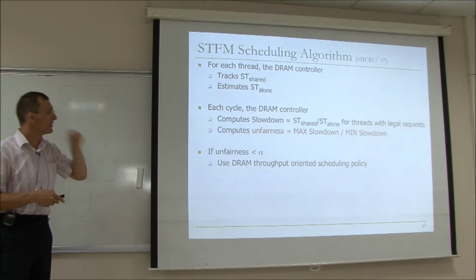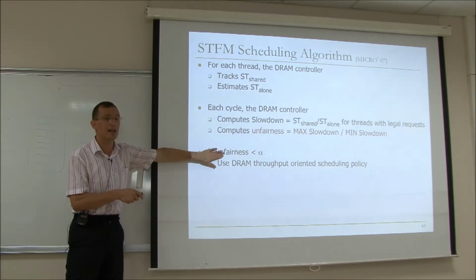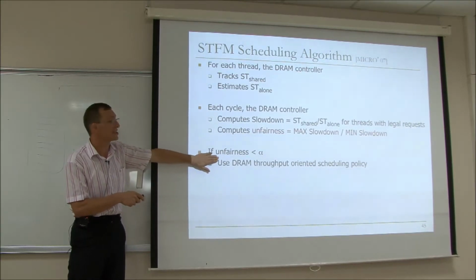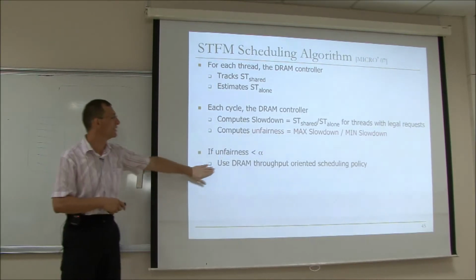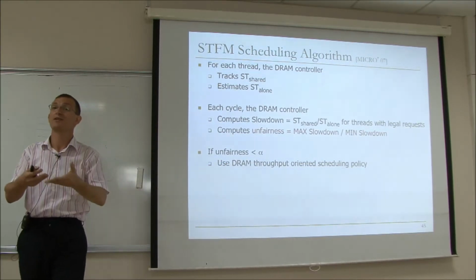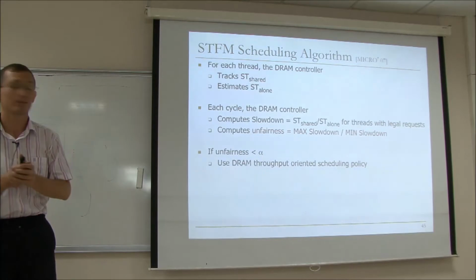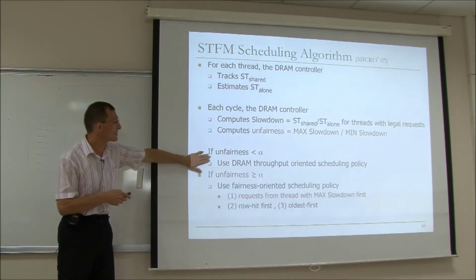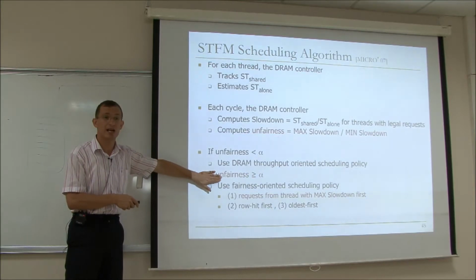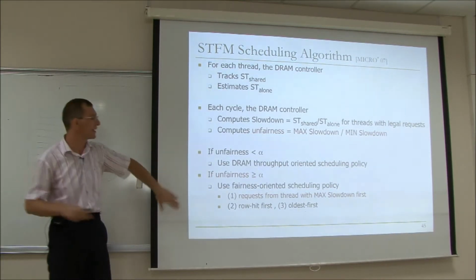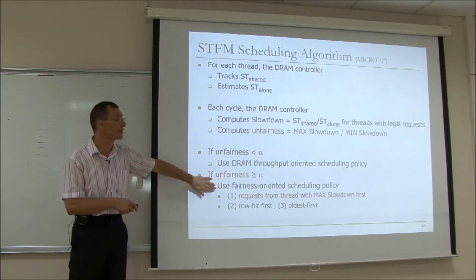If unfairness is less than a value alpha, this is specified by the system software. Basically, if unfairness is tolerable to the system, we use a DRAM throughput-oriented scheduling policy. Basically, we use the row-hit-first scheduling that we've discussed before. Or some other scheduling, machine learning-based scheduling, right? Otherwise, if unfairness is greater than or equal to alpha, which means that unfairness is not tolerable to the system, you should be fair, so we switch to a fairness-oriented scheduling policy.